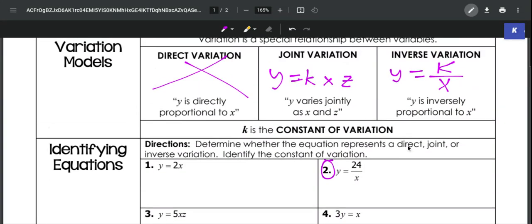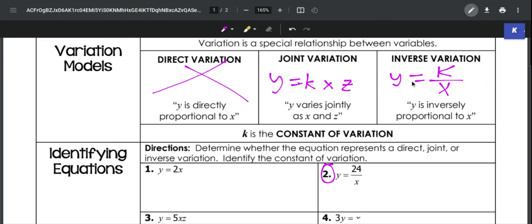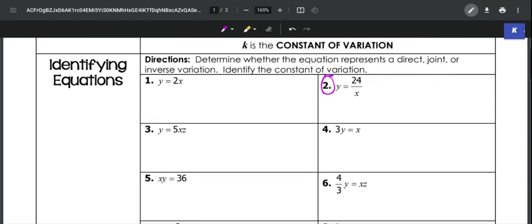If we're looking for inverse, we're looking for y equals k over x or some number over x. And if we're looking for joint variation, we're looking for y is equal to some number times x times z. So when we go to number 2, we've got y is equal to 24 over x. So we would say that this is a joint variation and our k is just equal to 24.